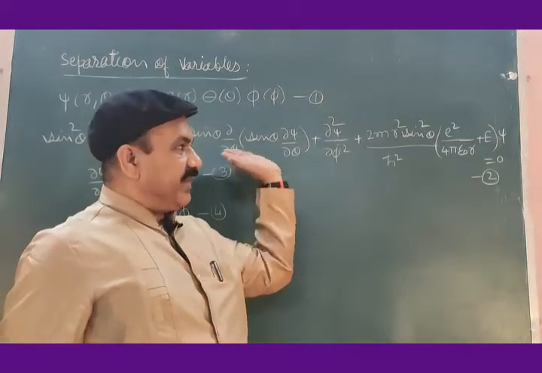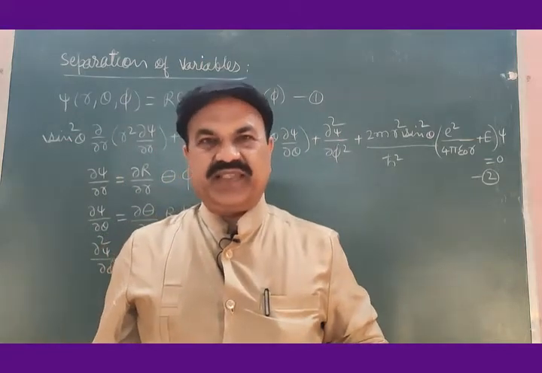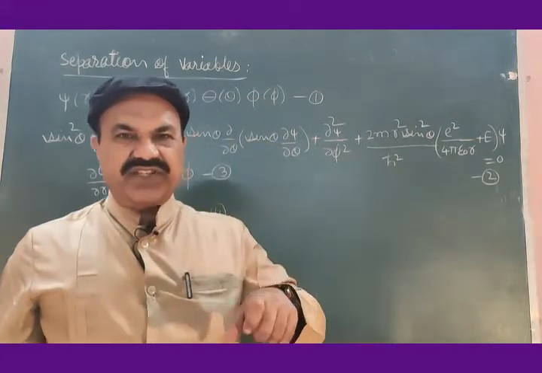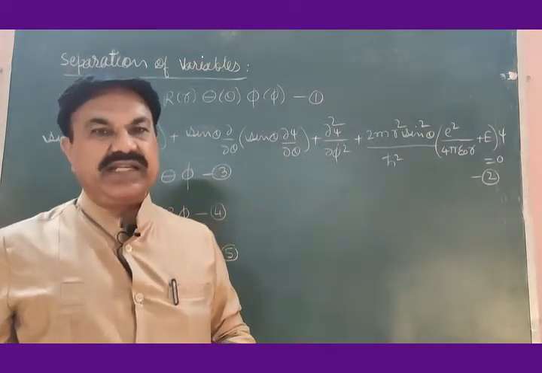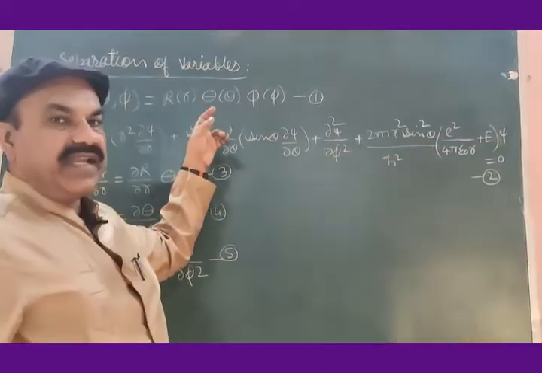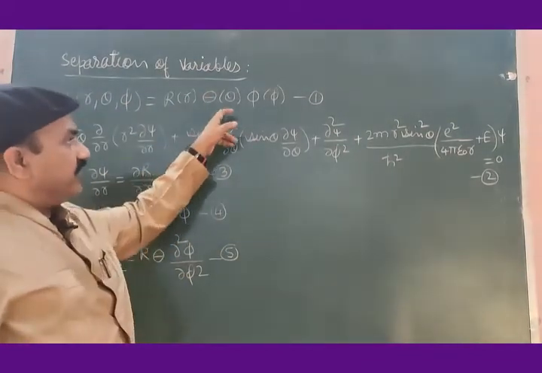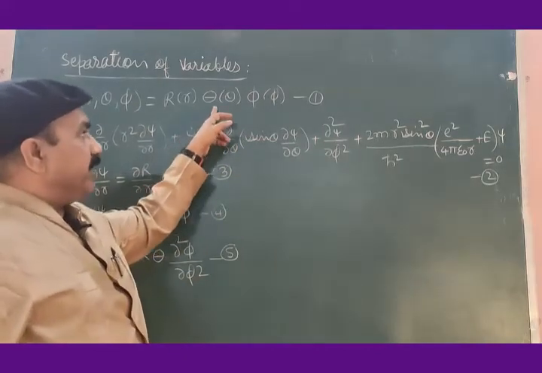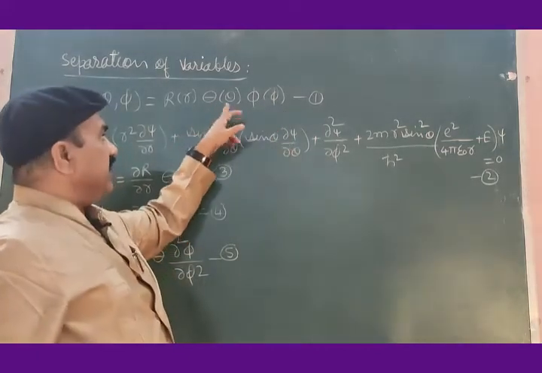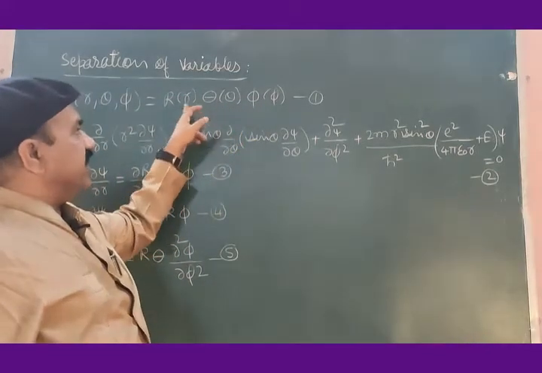We want to separate this equation into 3 different equations such that each equation will involve only a single coordinate, and the wave function psi, which is the solution for this equation, will be the product of these 3 variables, such that R of r is independent of these 2, theta of theta is independent of this and this, and phi of phi is independent of this and this.